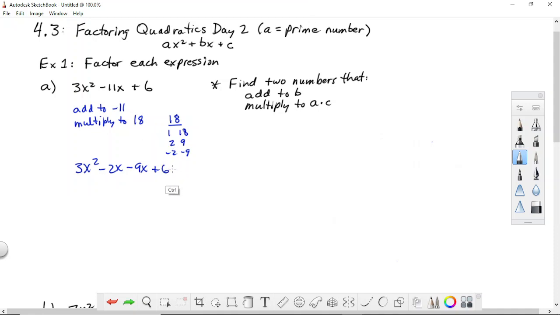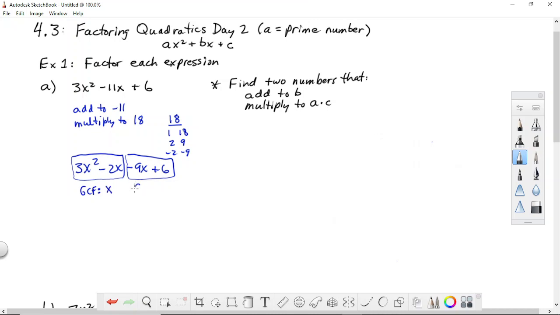So now the reason we do that is we will factor this part of it by pulling out the greatest common factor, and we will factor this by taking out the greatest common factor from it. So let's look at the one on the left, the greatest common factor. And this is why we had to do the practice on greatest common factor. It's just x. Okay, the numbers are both prime, 3 and negative 2. We can't factor out a number, but we can factor out x.